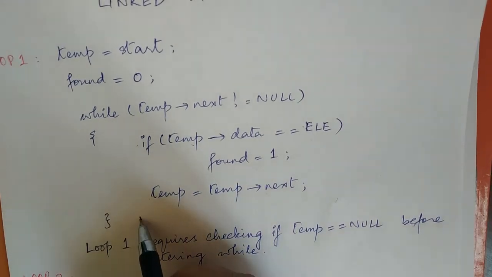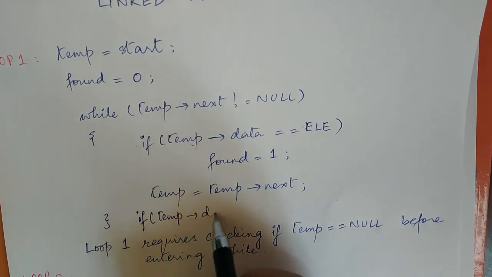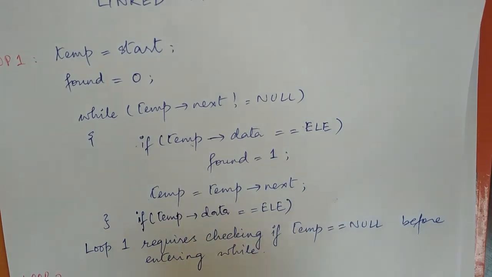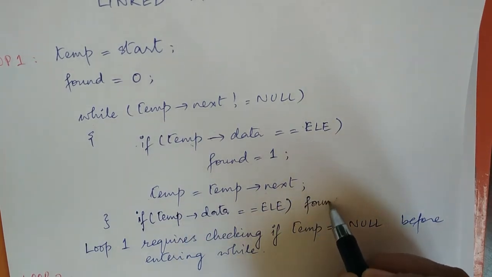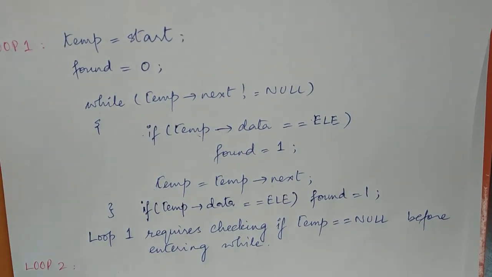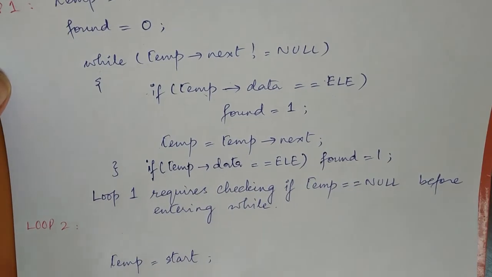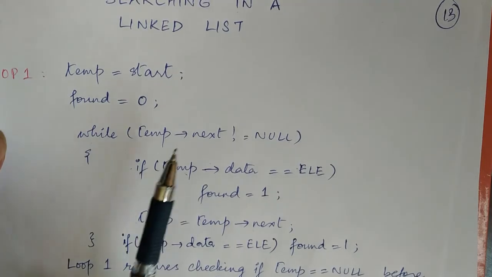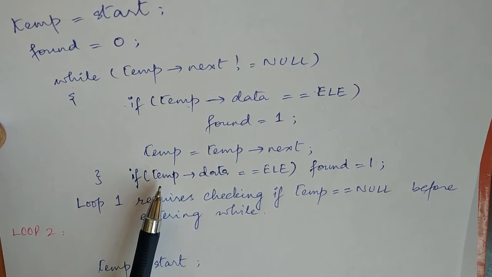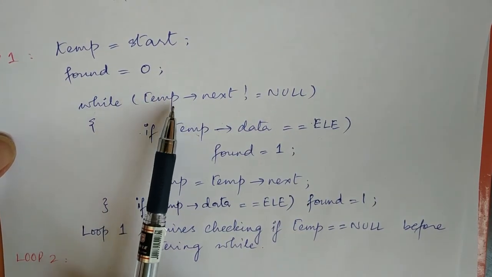So you will have to add a similar statement at the end, just like we added an additional printf, just like we added an additional count plus plus at the end of the loop. You will have to do it here in case you are using loop type 1. Again, you have to check before entering if temp is null or not, so that you don't encounter an error.